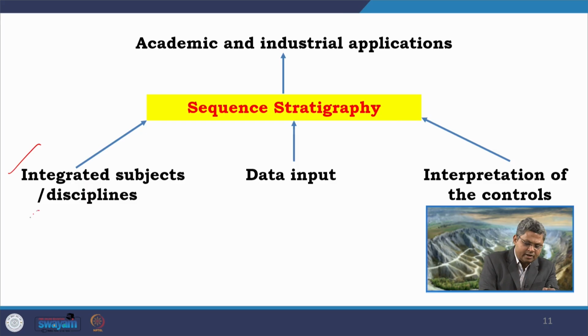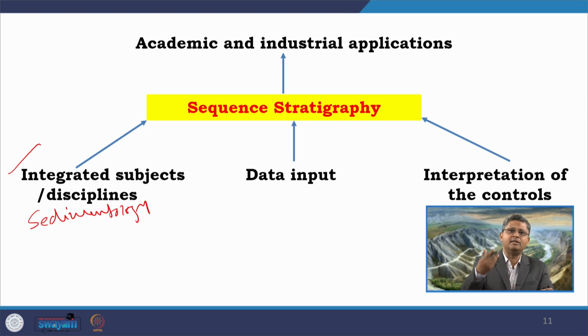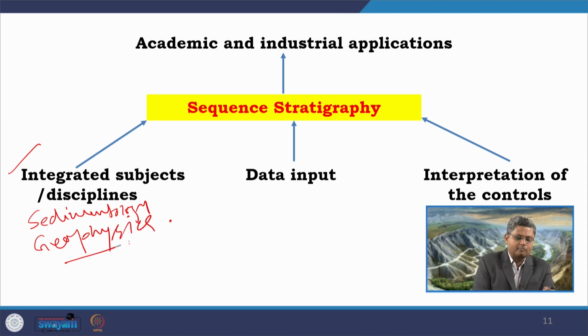Apart from sedimentology, what are the other areas that can help in supplying input, data, information? Definitely the second one will be geophysics. So, sedimentology and geophysics, these two are the major input for sequence stratigraphy. And when I say sedimentology, it includes the stratigraphy part also.